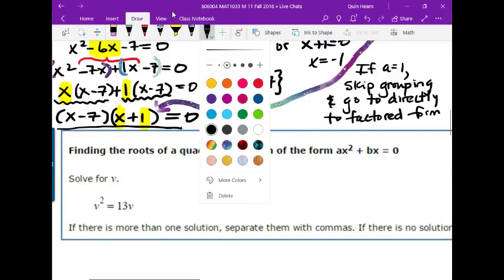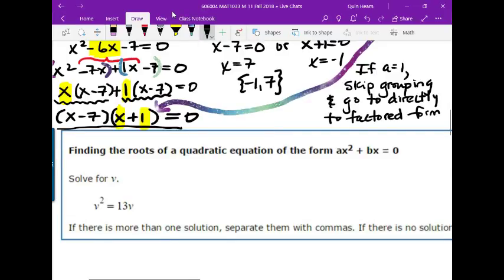So whenever that's the case, you're going to take your equation, v squared equals 13v, and we're going to get 0 on one side by just subtracting all the terms from one side of the equal sign over to the other side. So we're going to have v squared minus 13v equals 0.